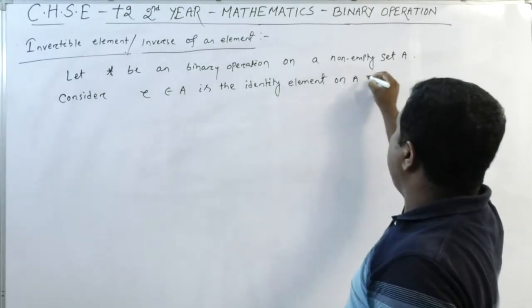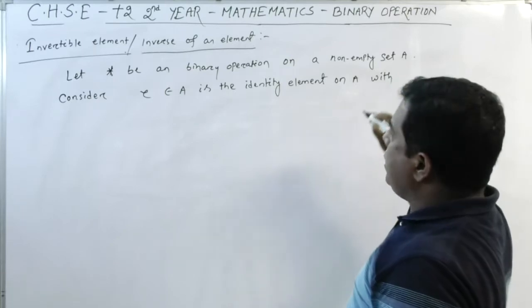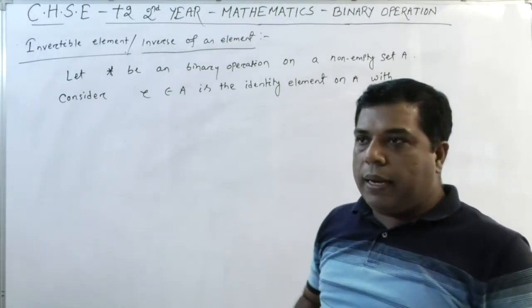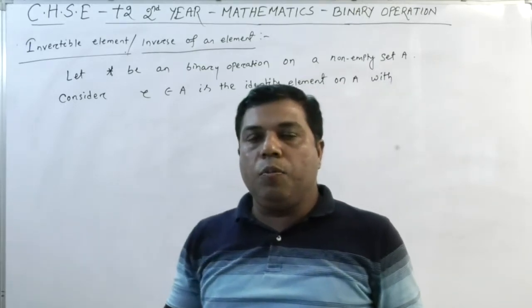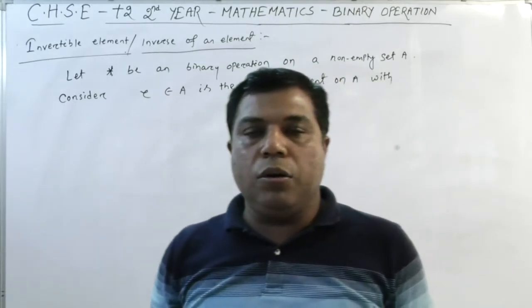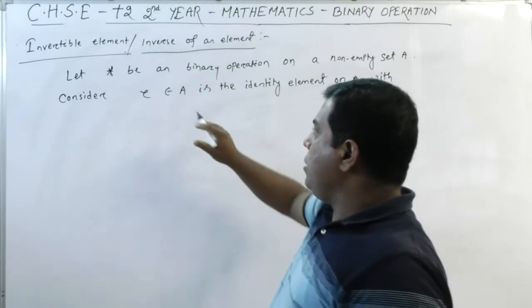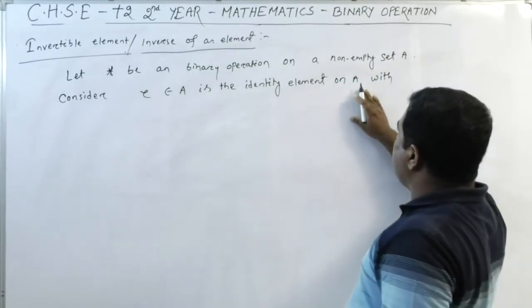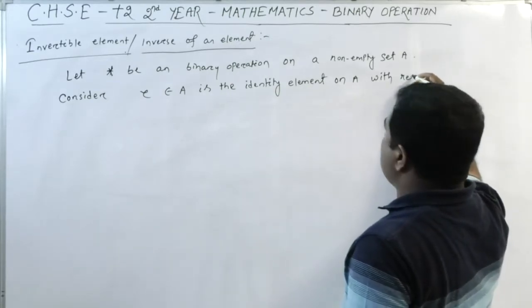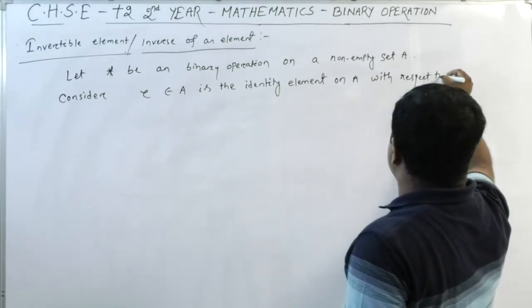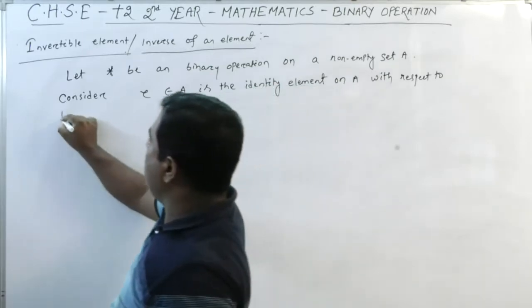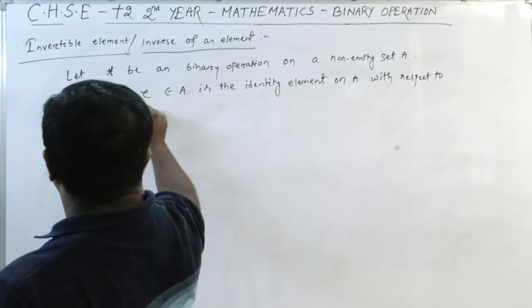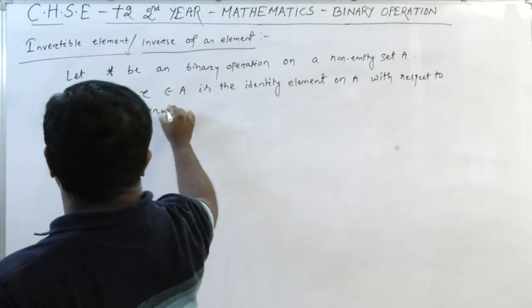on A, but you know the identity element is defined with respect to a particular binary operation. If the binary operation differs, the identity element also differs. So here E belongs to A is called an identity element on A with respect to the binary operation star.